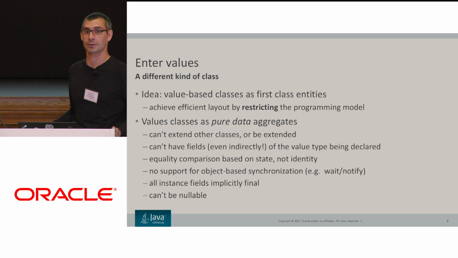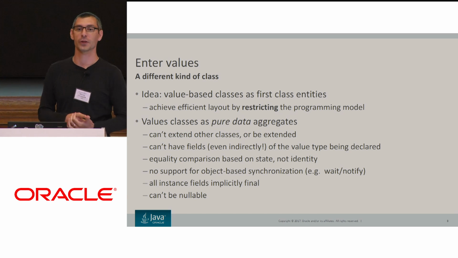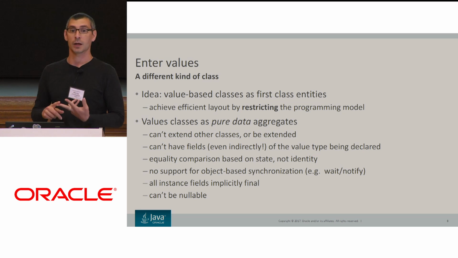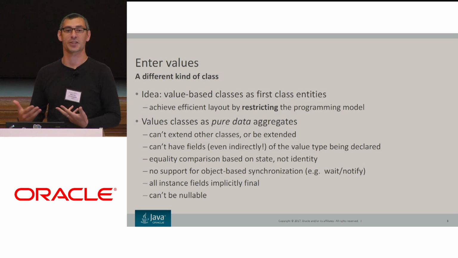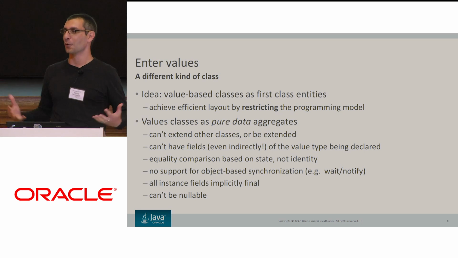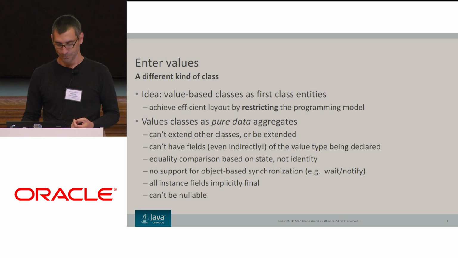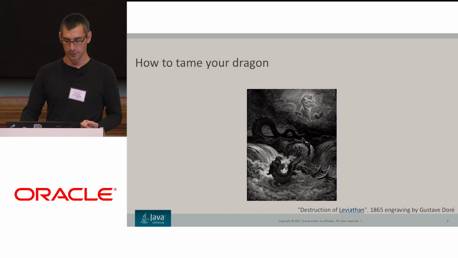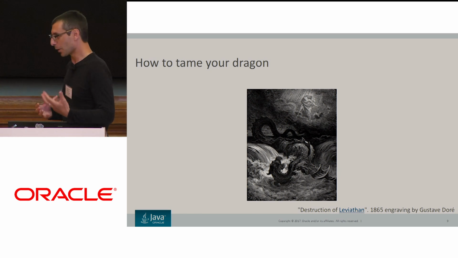A lot of things will not work anymore. Polymorphism is gonna suffer, nullability is gonna suffer. You can't have mutability, of course, because identity is essentially there to support mutability in a way. So we are going to lose all these other features as well. But we have a good programming model that we think is gonna give us decent performance. And that's kind of how we approach this problem.